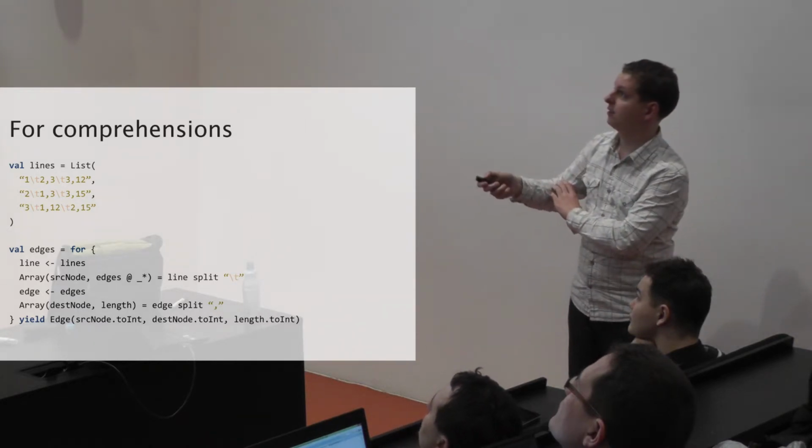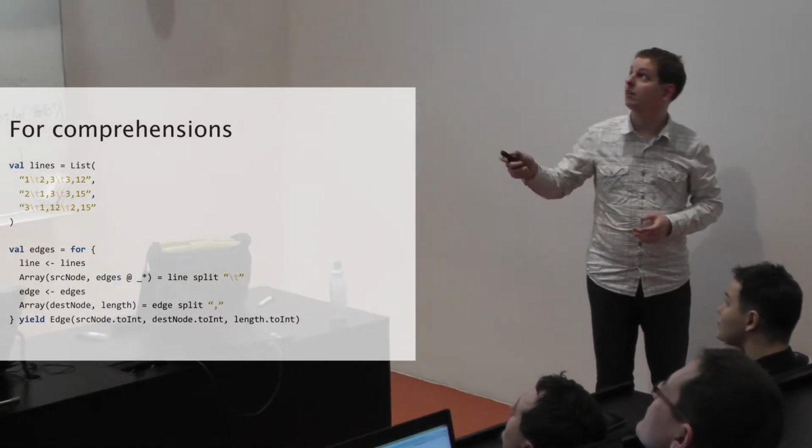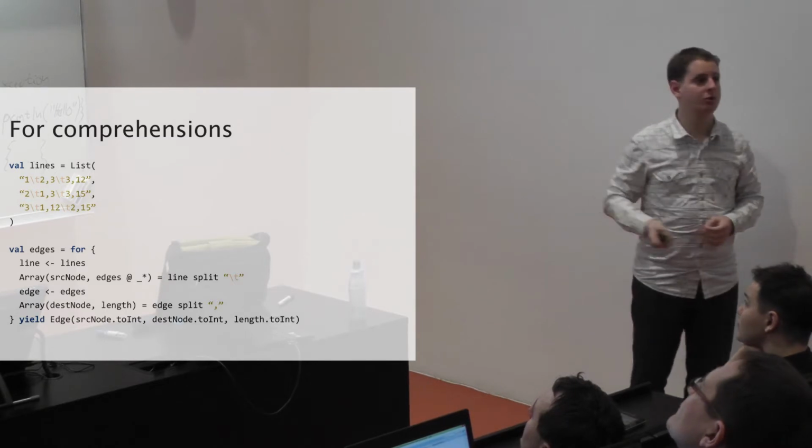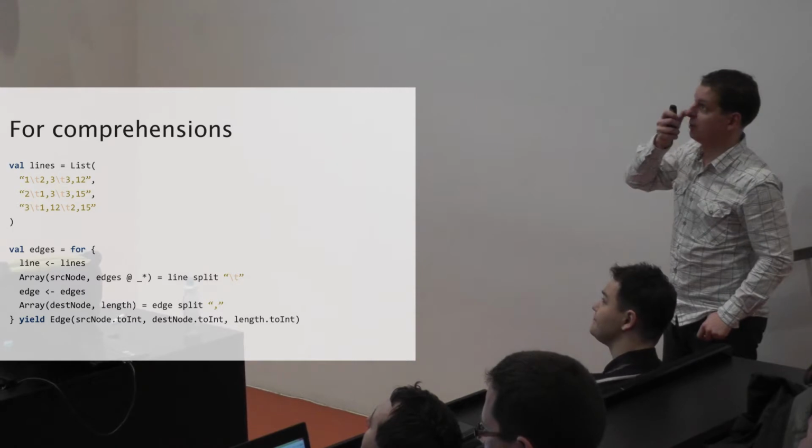And this kind of short code parses this kind of data into some model, so you could traverse it with your algorithm. So what would happen here?